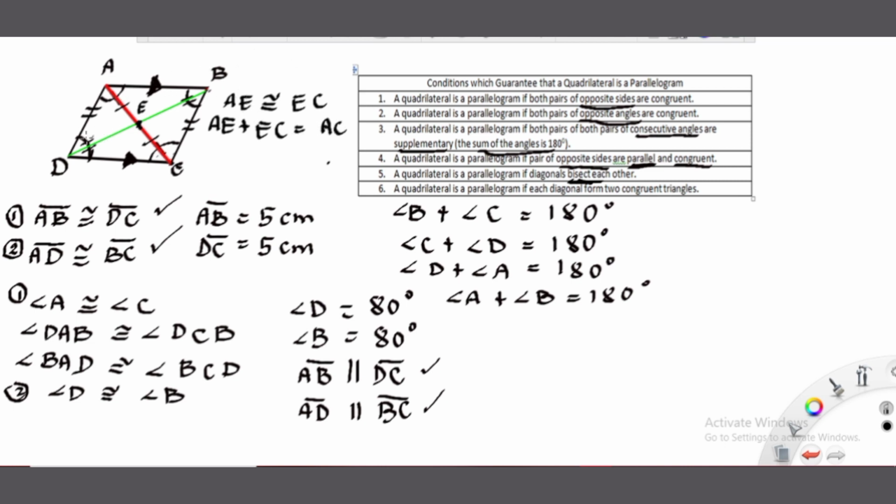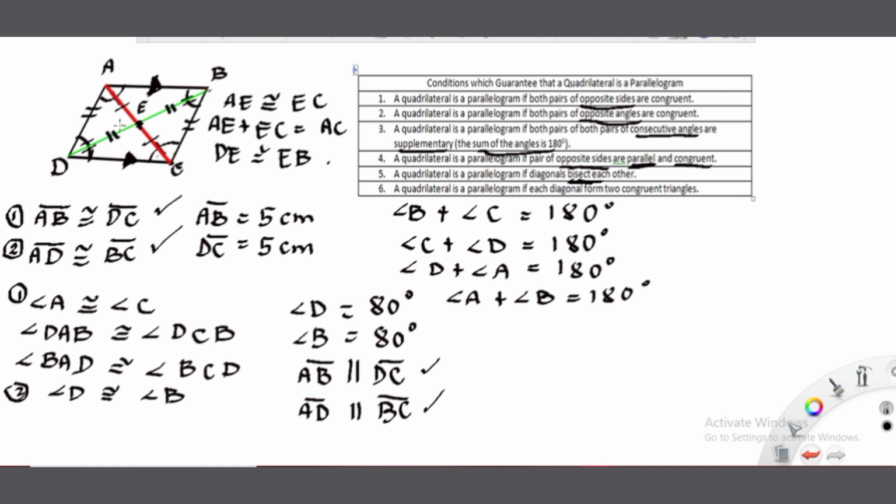And the other diagonal, meron tayong diagonal DB, nahati siya dito ng diagonal na ito. So we have DE. We can say that DE is congruent to the other half, ang other half niya ito, which is EB. So, DE is congruent to EB.